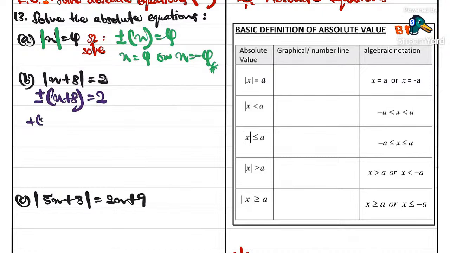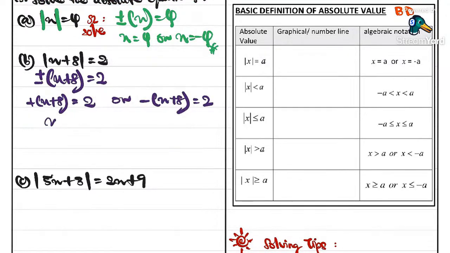One is positive x plus 8 is equals to 2, or, yeah, you should write it down, or negative x plus 8 equals to 2. So you know how to do this already. So x is equals to 2 minus 8, which is negative 6. Or here goes negative x minus 8 equals to 2.